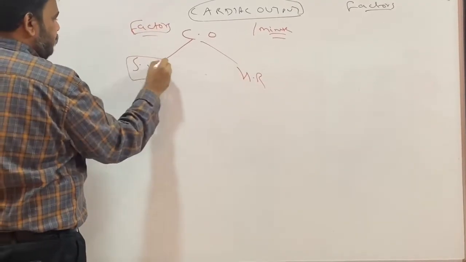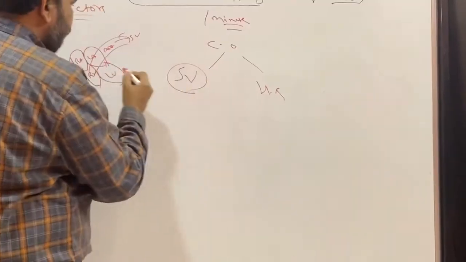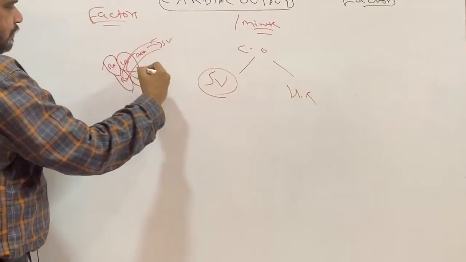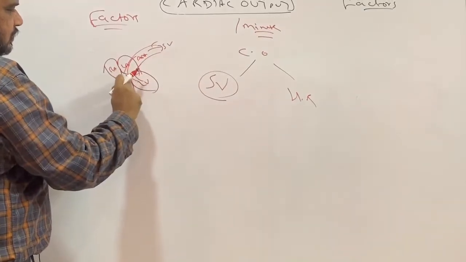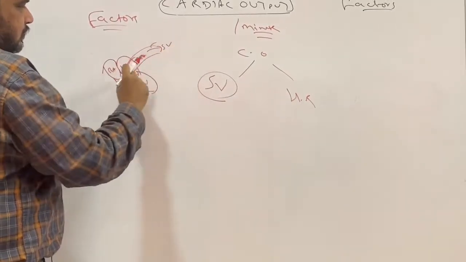Now I will concentrate on stroke volume. Stroke volume, as we know, is the amount of blood ejected from the left ventricle into the aorta.